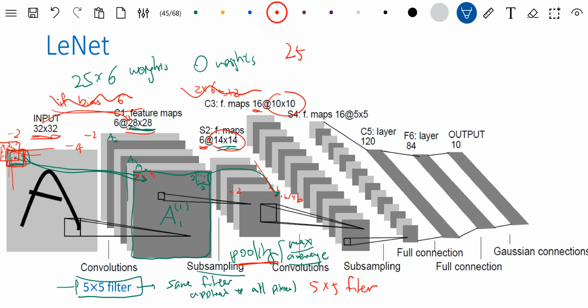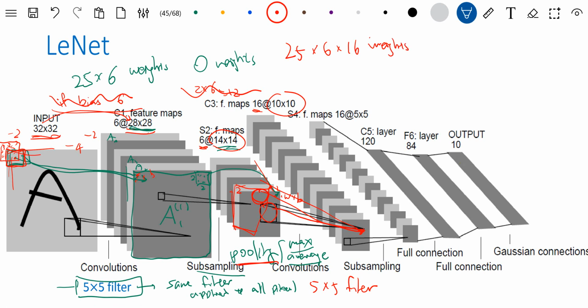There are 25 weights in each filter, and there is one filter corresponding from one of these 6 maps to one of these 16 maps. And similarly, there is one filter connecting this activation map to the same one, and similar for the other one. So there are in total 25 times 6 times 16 weights.